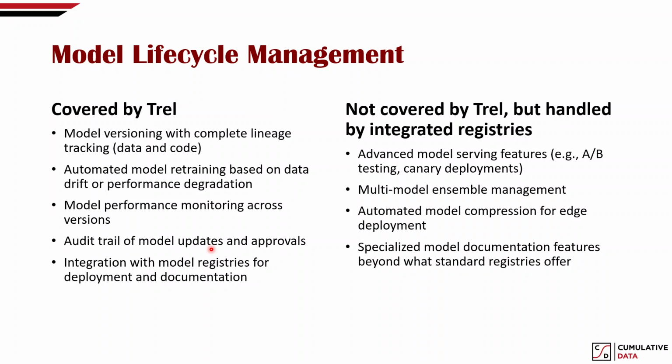For this, Trel offers the ability to write a job called clv.model.deploy, and that job is now responsible for pushing the model to production. There can be some safeguards in this job, and we'll take a look at that briefly.